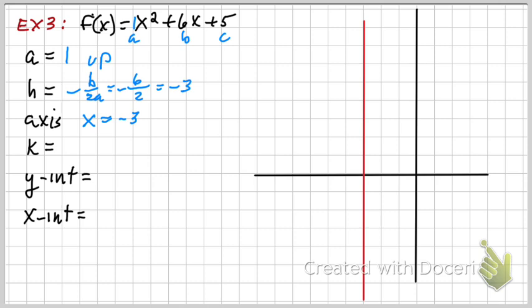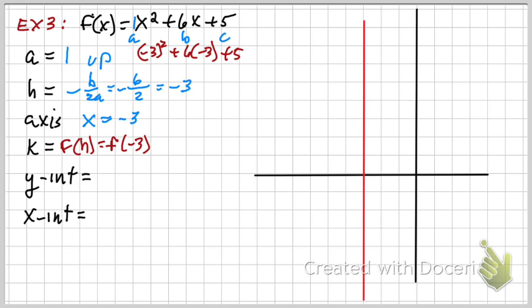How do you get k? Well, k, if you look back at that magic box I showed you, is going to be f of h, which means f of negative 3. So I plug a negative 3 in for my x's up there. So I've got negative 3 squared plus 6 times negative 3 plus 5. H is negative 3, so I'm just plugging it in.